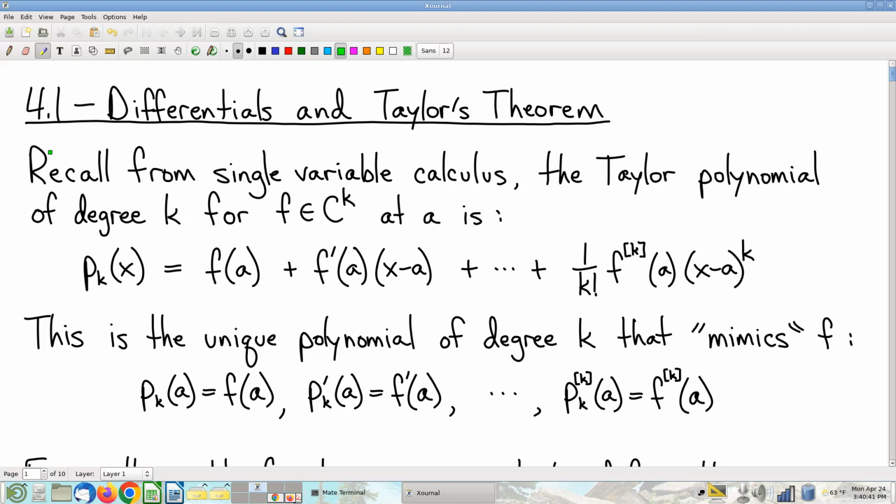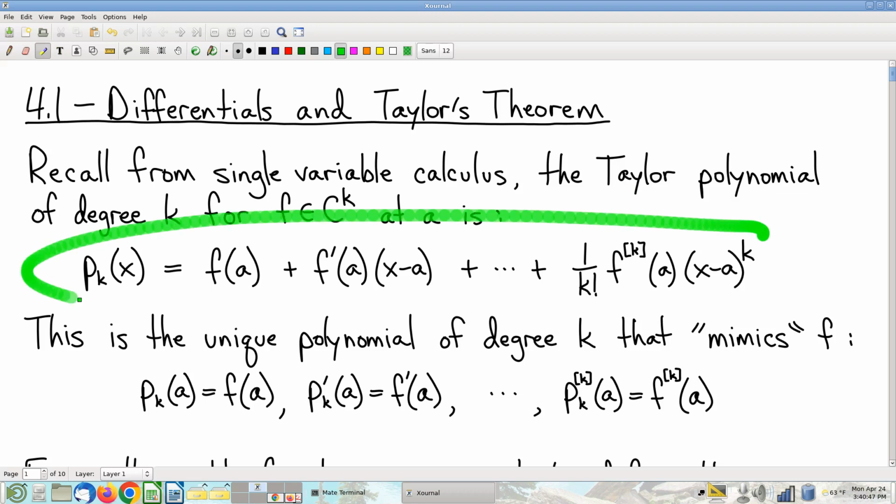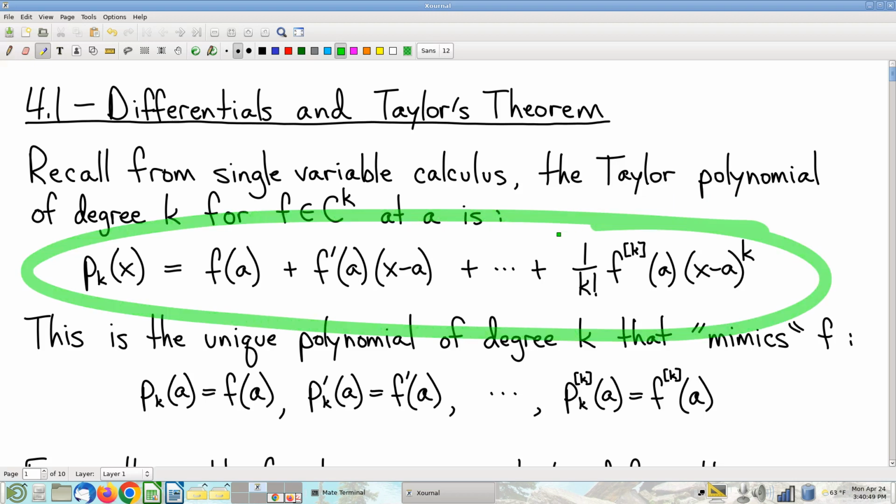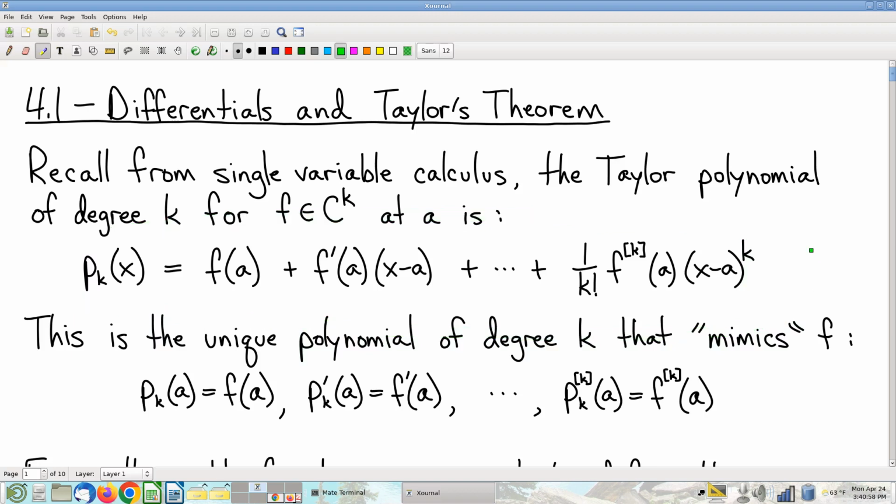The main thing to talk about is the generalization of the idea of Taylor polynomials. So, quick reminder from Calc 2, this is what a Taylor polynomial looks like, right? There's a general formula for the terms, and you just keep adding more terms the further you want to go out. The point to this is that this is a polynomial that mimics the function that you're approximating.